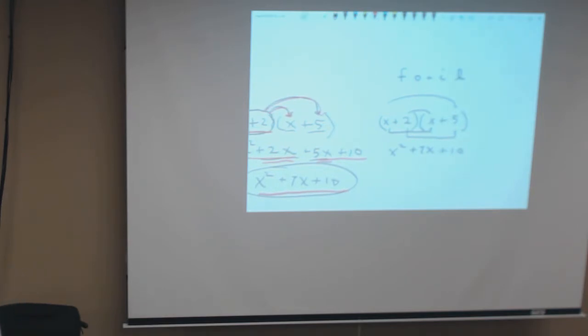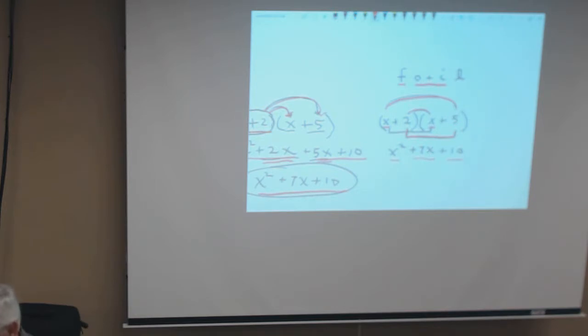So let's FOIL it. The first times the first, there's x squared. Outside, 5x. Inside, 2x. Add them, that's 7x. Everybody agree? And then the last times the last, that's 10.